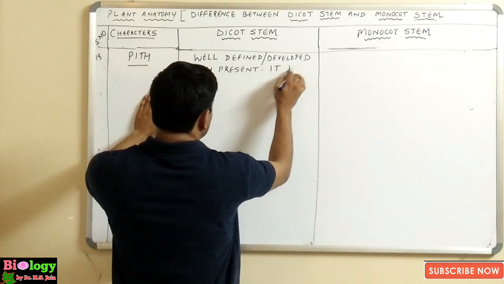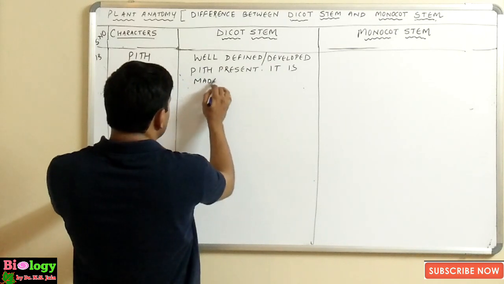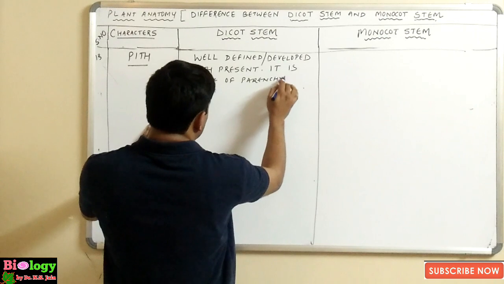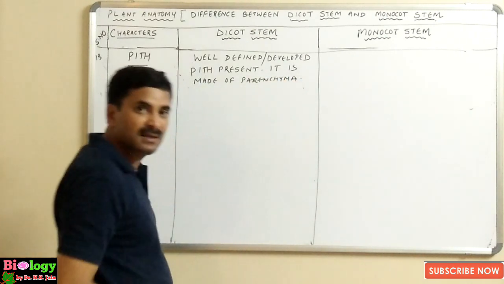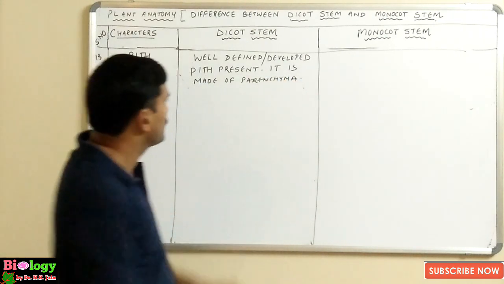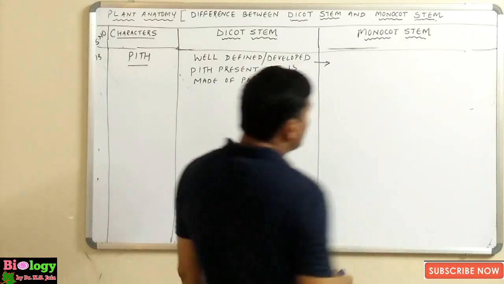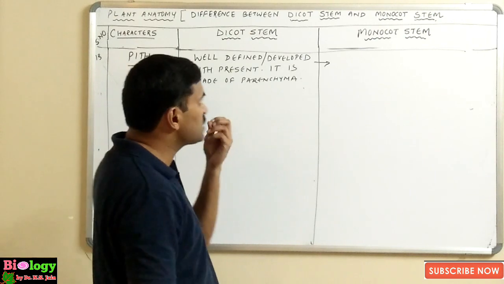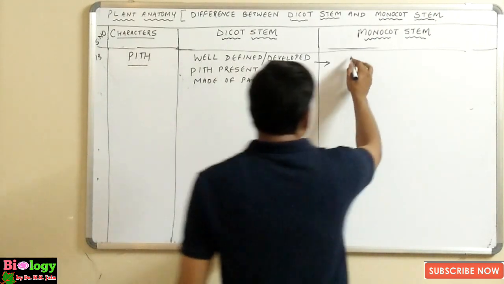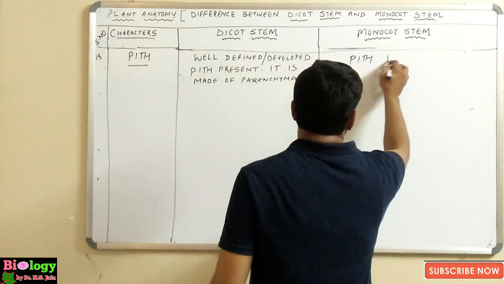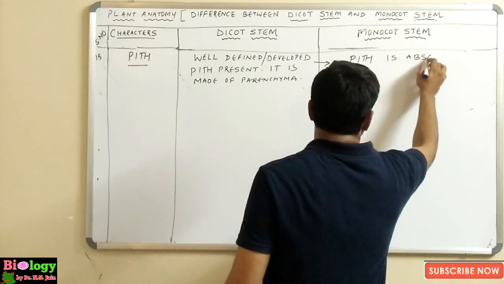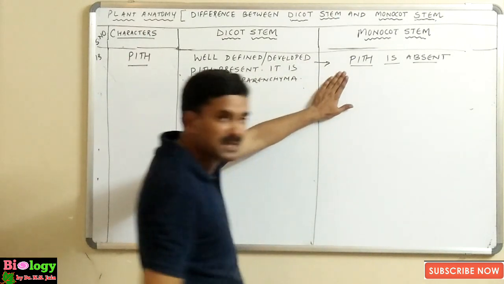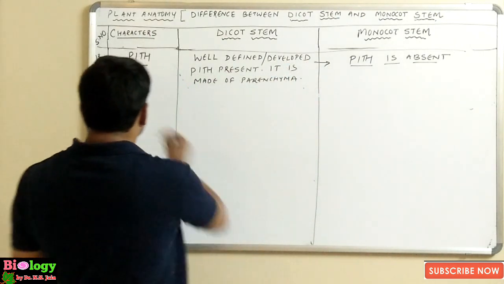It is made of parenchyma with lots of intercellular spaces, and it is meant for storage. But here, as we know very well, the cortex is not well differentiated, and hence we can say that pith is altogether absent. No pith is present in the case of the monocot stem.